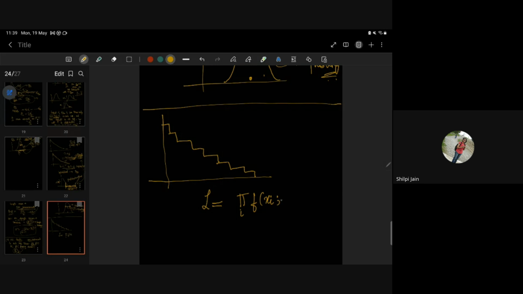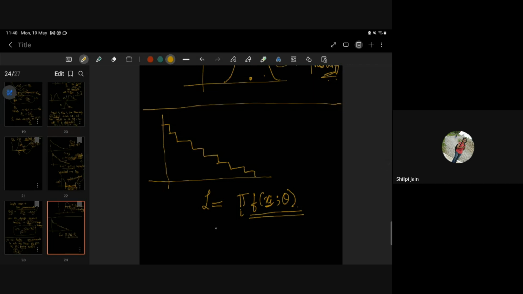You are trying to fit for parameter theta, and the way you do it is that the joint PDF, meaning multiplication of the individual probabilities of getting each xi, has to be maximized. Okay, that's what we learned.